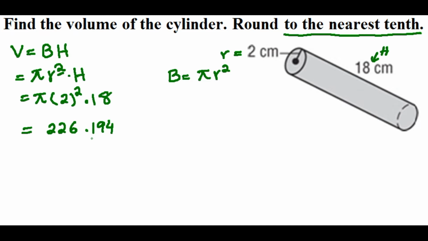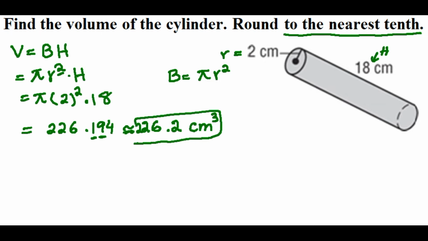So our tenth digit is 1, and our hundredth is 9, so we add 1 to this. The final answer is going to be 226.2, and since it's a volume, centimeters cubed is going to be the unit.